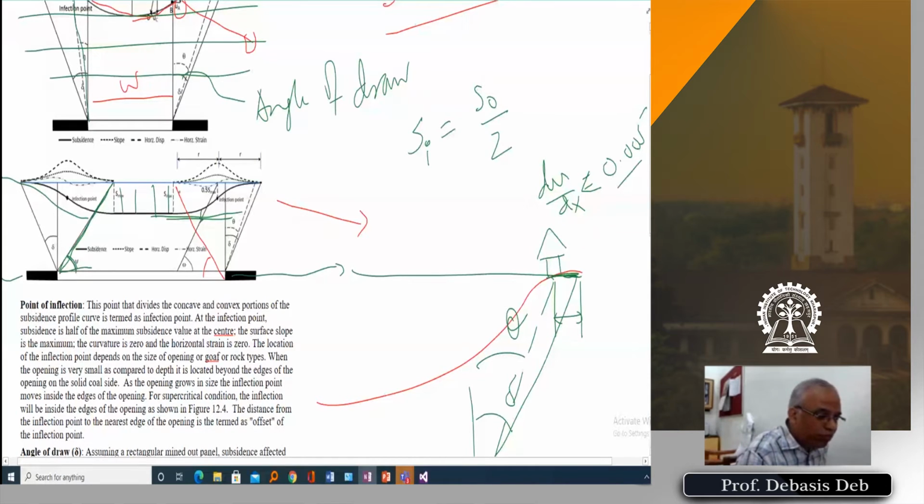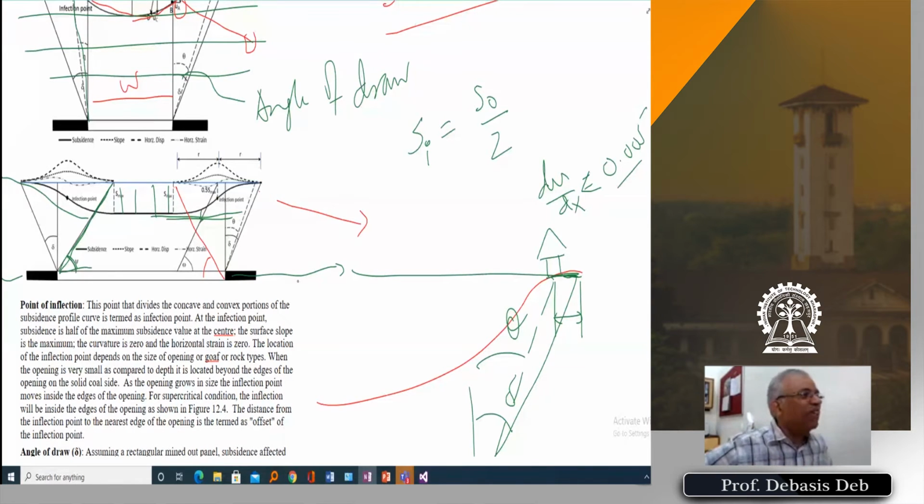Now from here to here, basically this is the diameter of the major influence, and half of this is the radius of influence. And in general, it has been seen that wherever the maximum U is, that point is generally the center point.